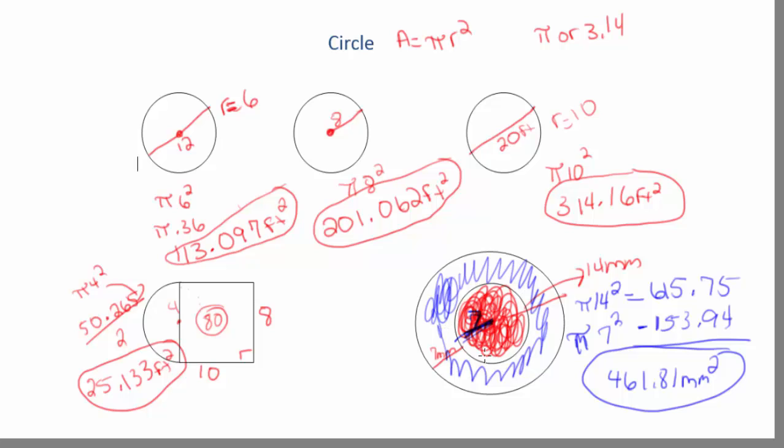And what's interesting is that the area of the little one is not half the area of the big one, even though one's 14 and one's 7. You guys can check my work on that one because I did not have that one done in my notes.